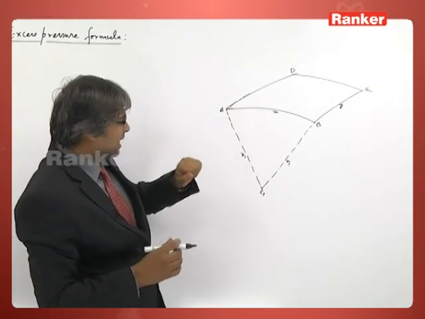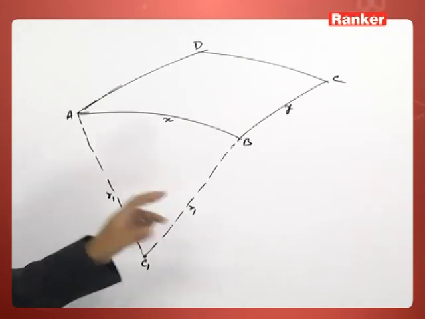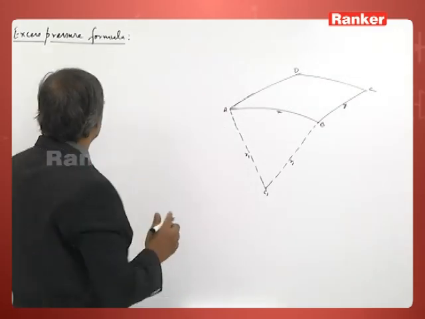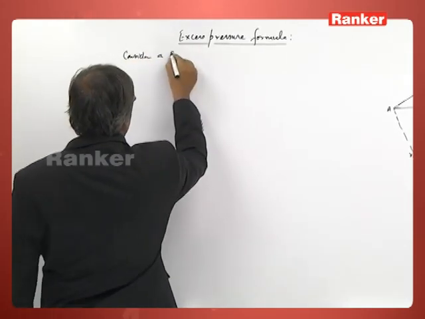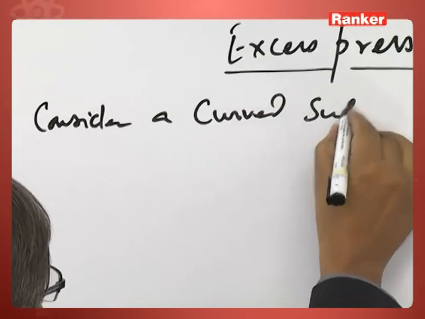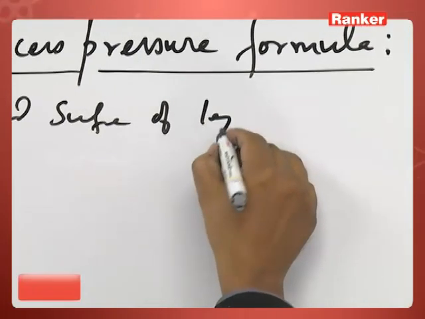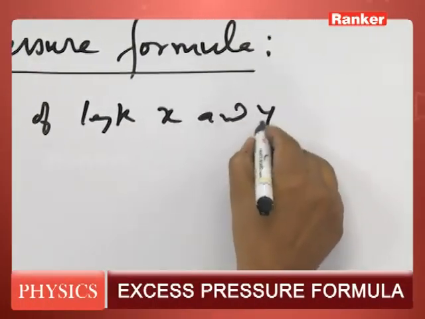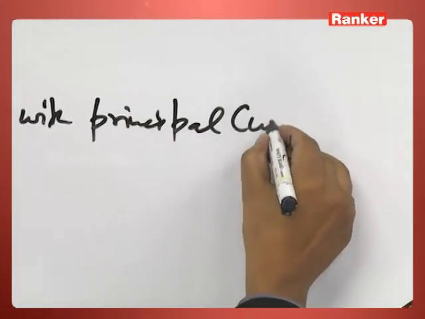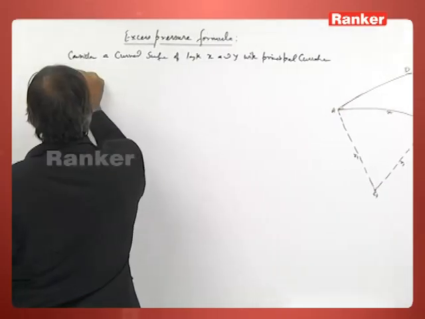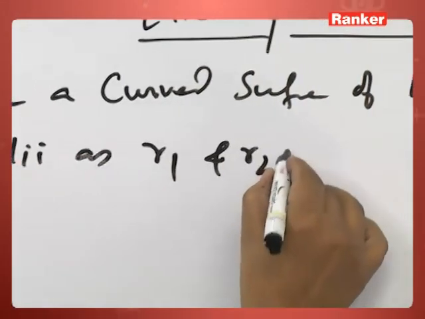So, let us see how much the pressure difference will be and how it will be a function of R1 and R2. So, consider a curved surface of length x and y with principal radii of curvature R1 and R2.